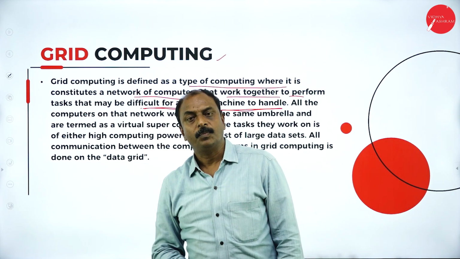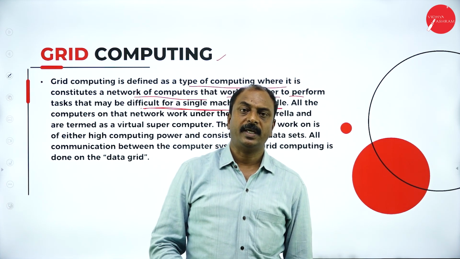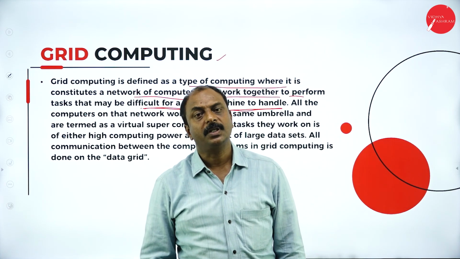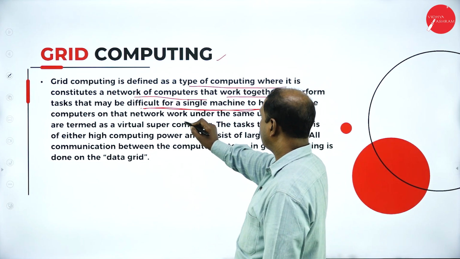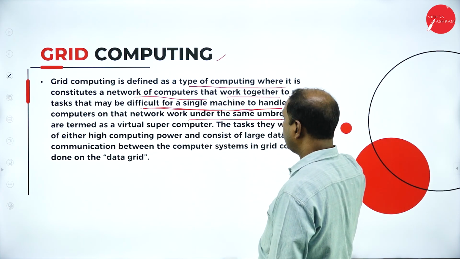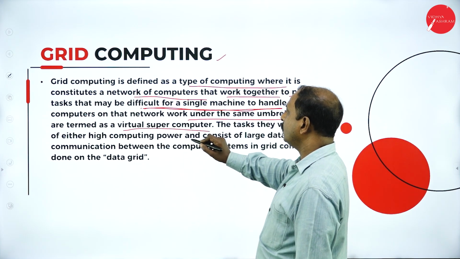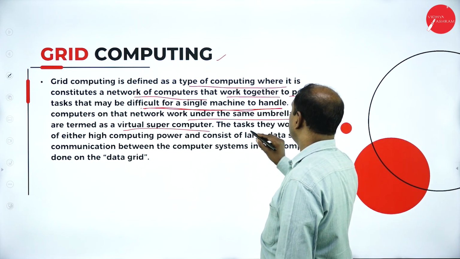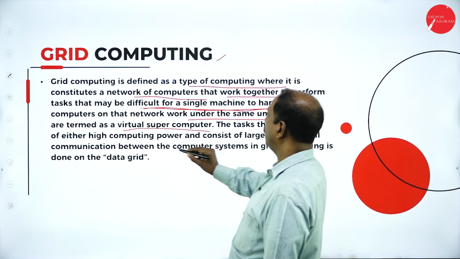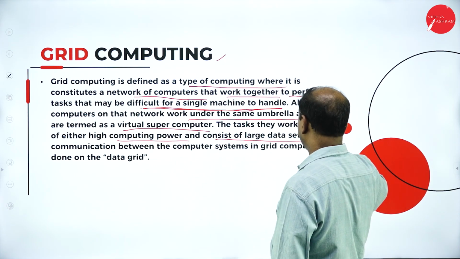So if the processing is very difficult in one system, the same thing can be processed in some other system. Here all the computers on the network work under the same umbrella and are termed virtual supercomputers. The tasks they work on require high computing power and consist of large data sets.